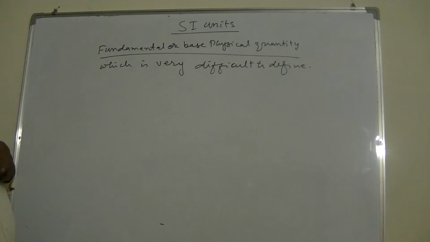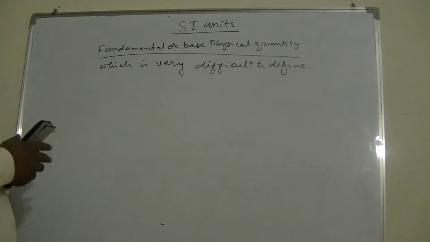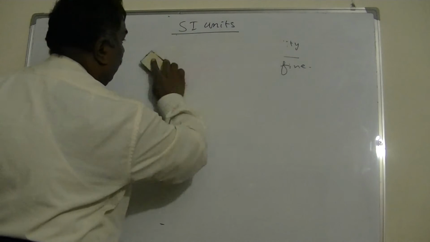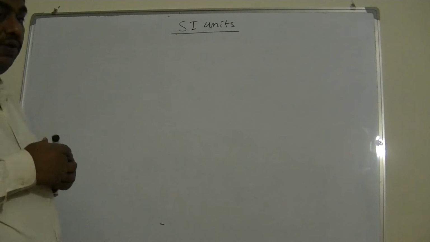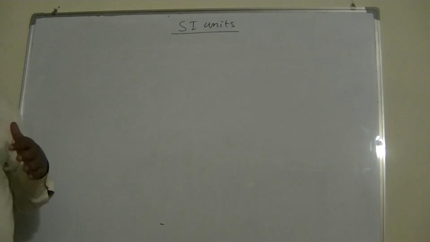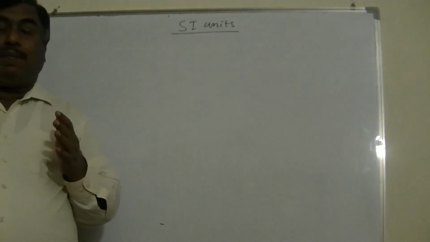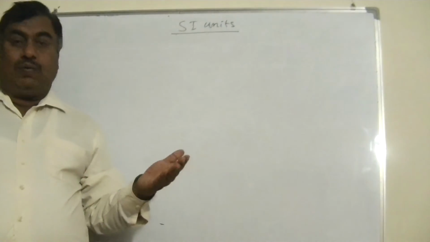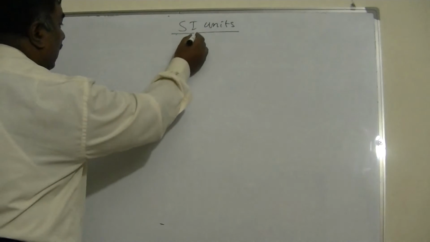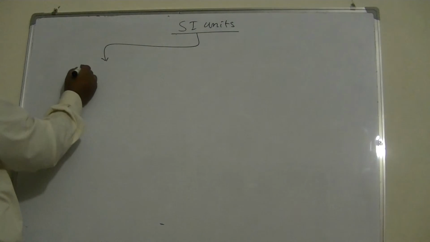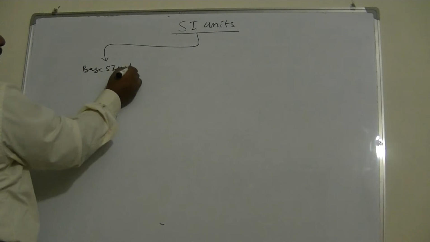Now in this first lecture, I will tell you what the SI units are for, and this is the fundamental quantity. Other ones are the derived quantities. What are the derived physical quantities? Derived physical quantities are those which depend upon the fundamental physical quantities. Similarly for SI units, SI units assigned to base physical quantities are known as base SI units.